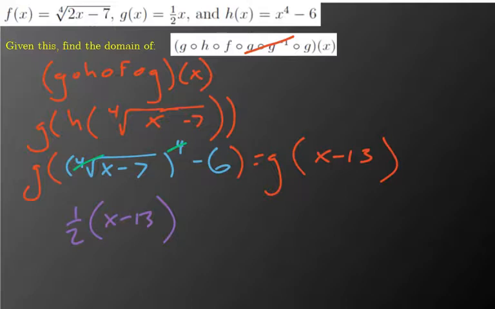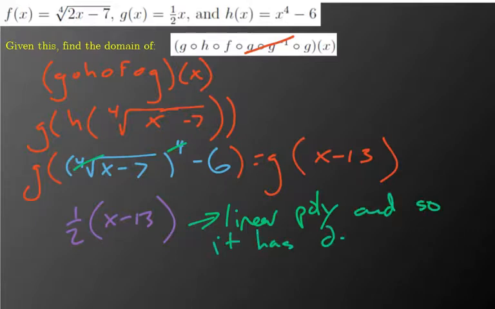But then we were asked, basically, what's the domain of that thing? And this is just a linear function. And so the domain of a linear function is all reals. This is just a linear polynomial, and so it has domain of R. There is no domain restrictions whatsoever in that thing.